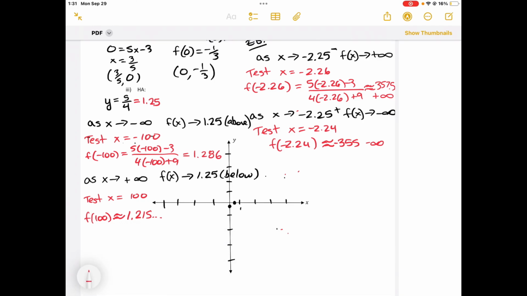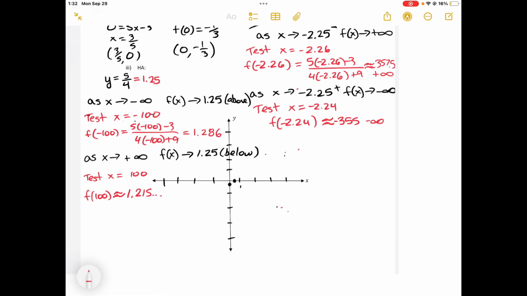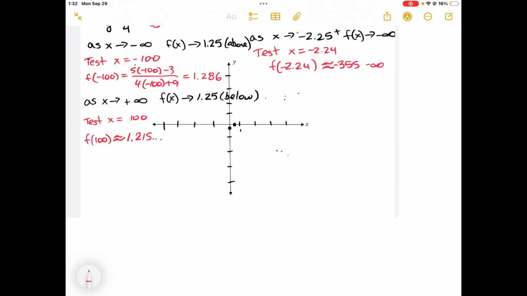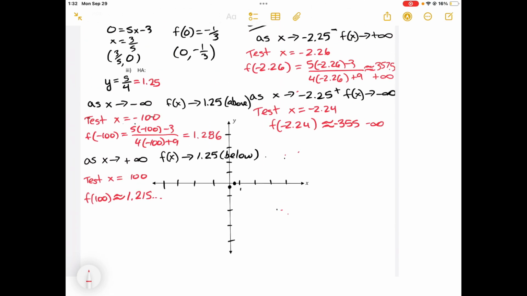I know that my vertical asymptote is at -2.25. So that is, there we go, a little bit to the left of my -2. And then I'm also going to put on my horizontal asymptote, which is 1.25 or 5/4.